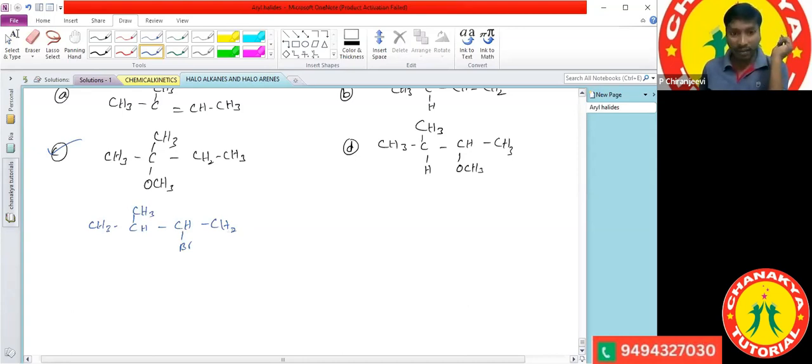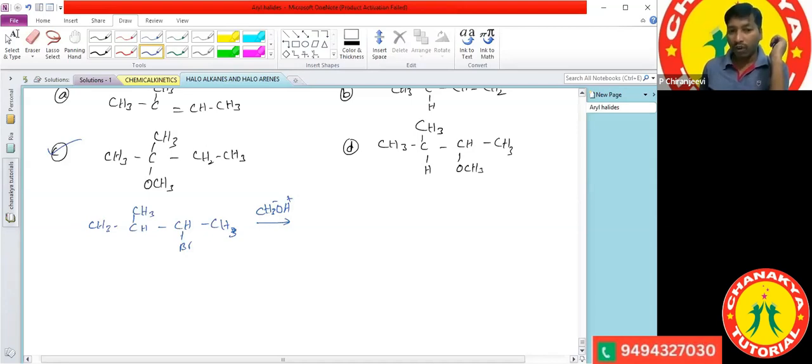This is treated with the nucleophile, CH3OH. CH3OH is going to be ionized, forming H plus and CH3O minus. In this, CH3O minus is the nucleophile.